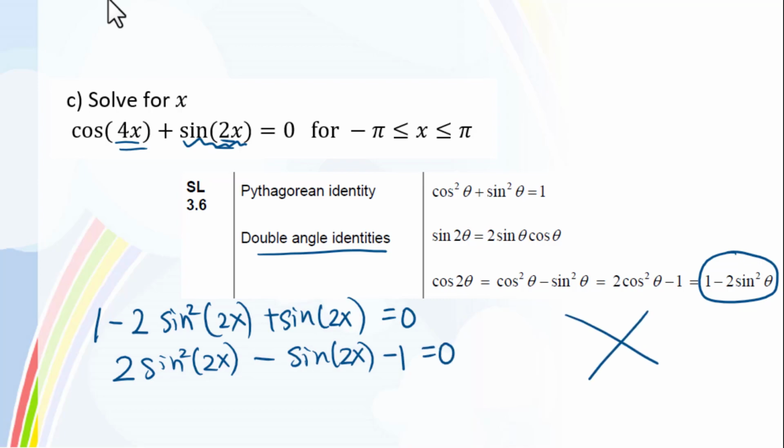Then we will use the ninja method: 2 times negative 1, negative 2. Negative 2 and 1, so that negative 2 times 1 is negative 2, and negative 2 plus 1 is negative 1. The variable is sine 2x.